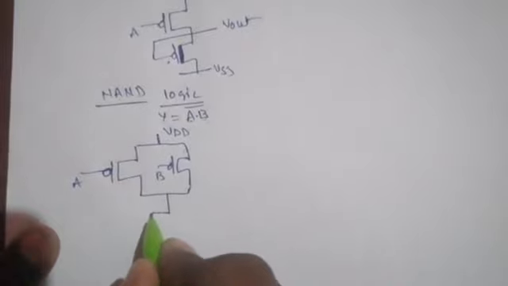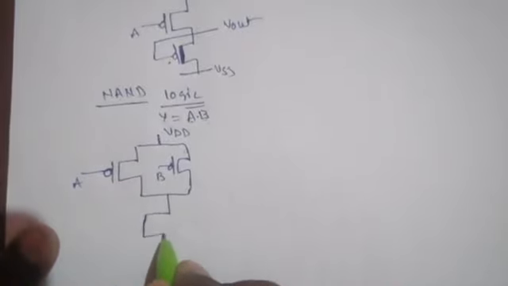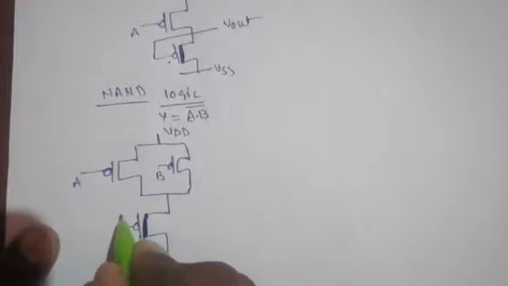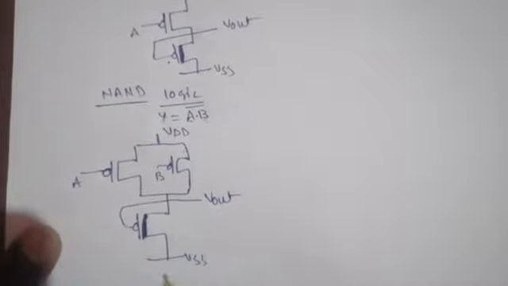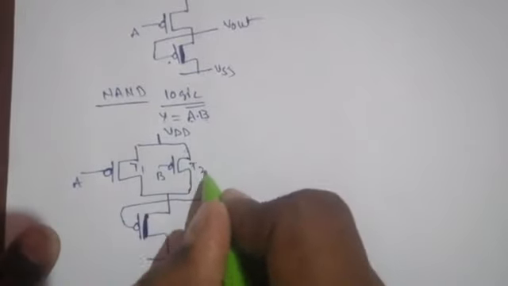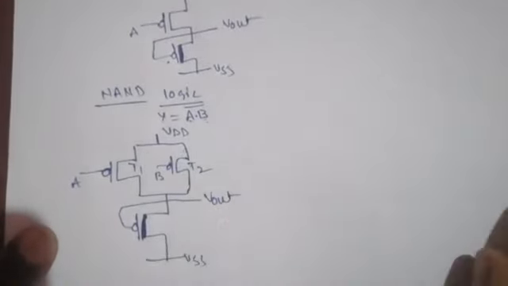In the below part, this is the depletion mode MOSFET with an inbuilt channel, connected with a bubble. This is the output voltage, VSS, T1 transistor, T2 transistor. Then the circuit will act as a NAND logic.